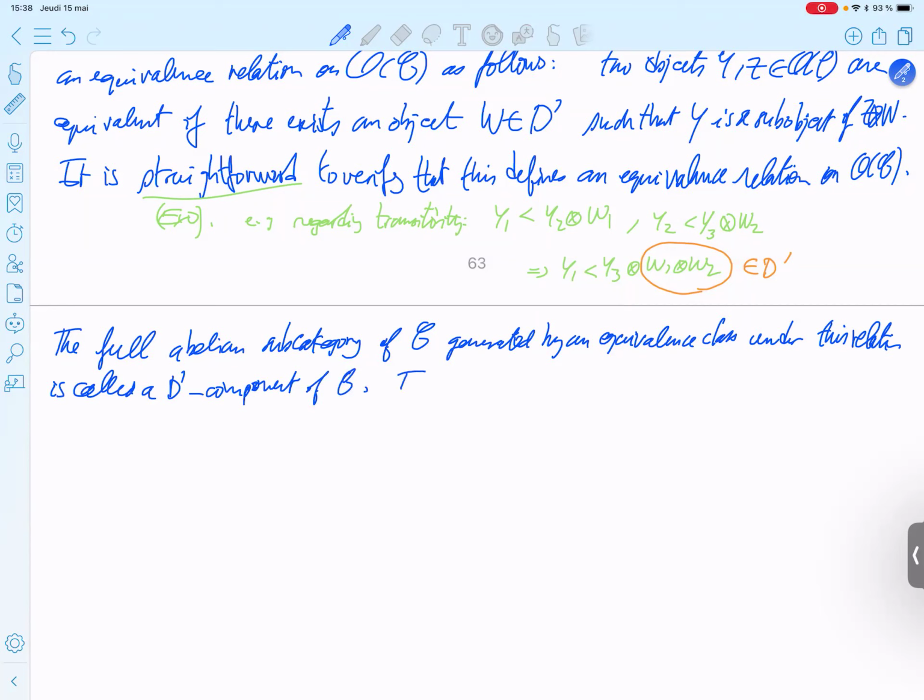So this terminology is justified by the module theory. So C has a D prime module structure.